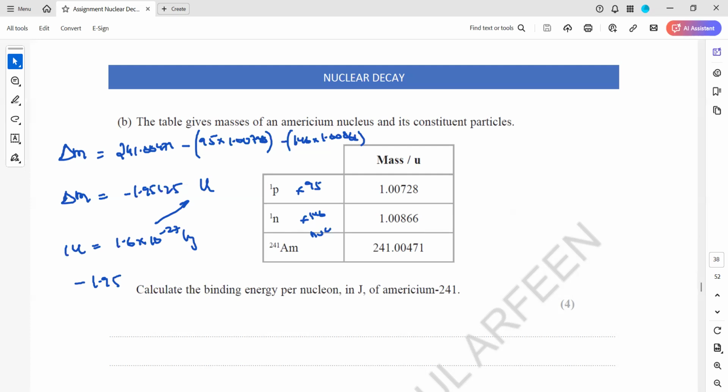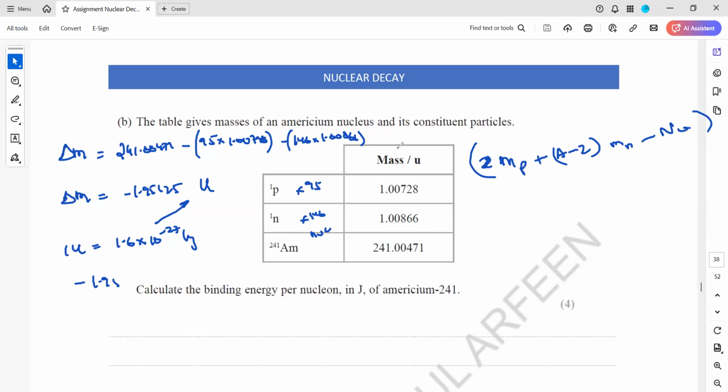You can also write the masses of the proton and neutron first. I wrote the nucleus first, but you can write the total mass of protons, Z times the mass of a proton, plus (A minus Z) times the mass of a neutron, minus the mass of the nucleus. That equation gives the mass defect.